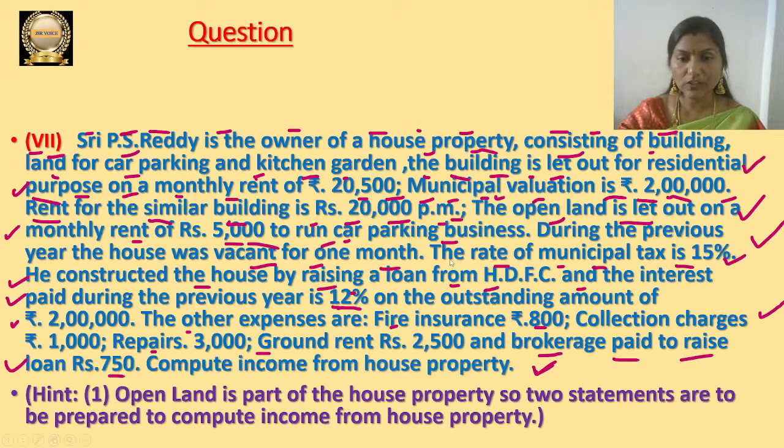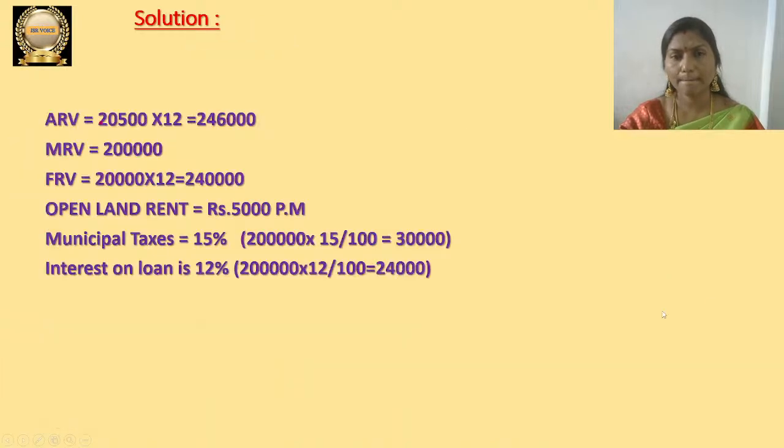Okay, so this is our question, and this is the information that we took from the question. It is always very important to take information from the question, so that it becomes easy for you to do the solution. So we took all this from the question.